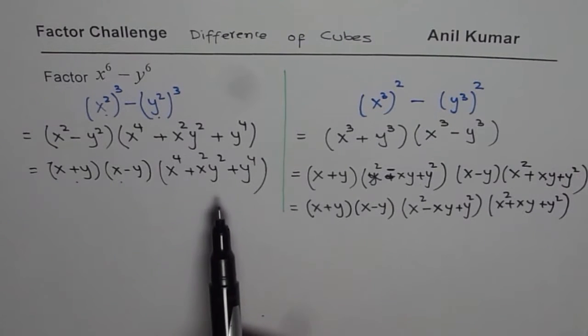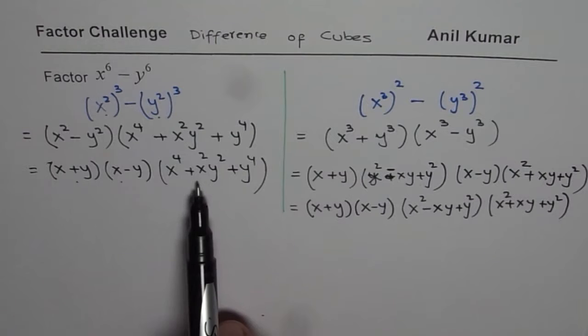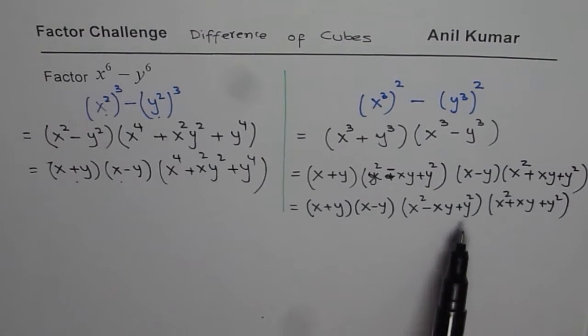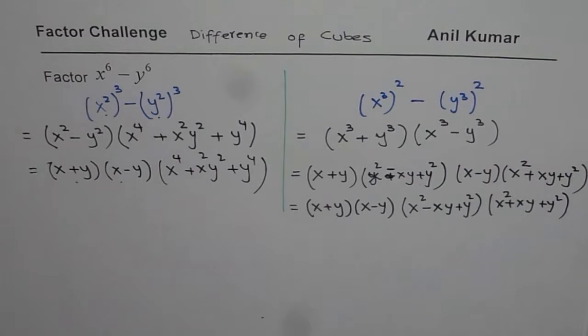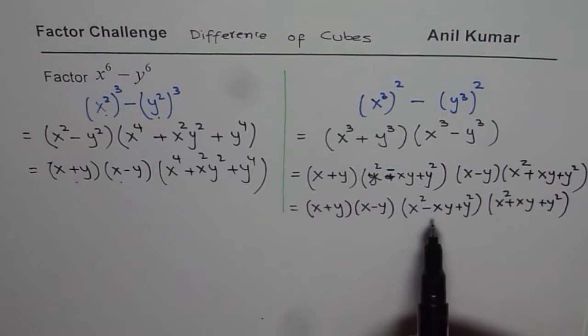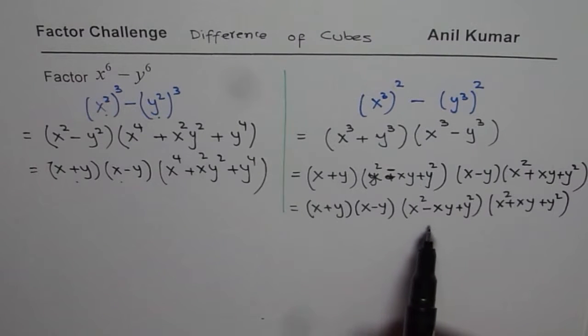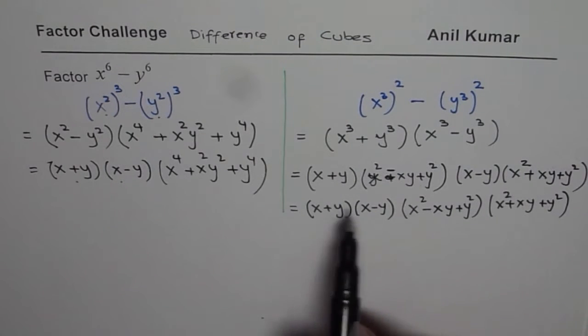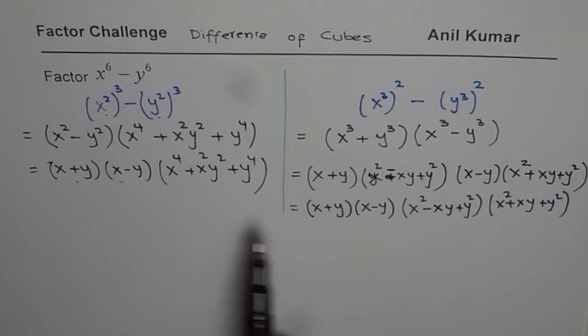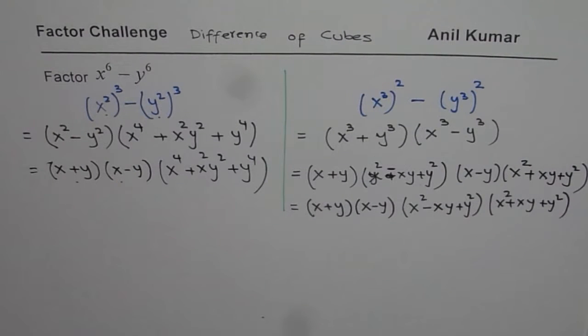I do not recommend that if you get this, you try to go there, or if you get this factor, we may combine to that place. Well, in some multiple choice questions, we may be given one particular answer. So there you may have to match. But otherwise, at this stage, you can say that the factoring is complete for you. I hope that helps. Thank you and all the best.